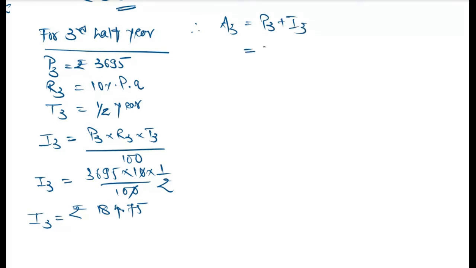P3 is 3695 plus I3 is 184.75. If you add it, you will get 3879.75. So this is the amount at the end of 18 months.